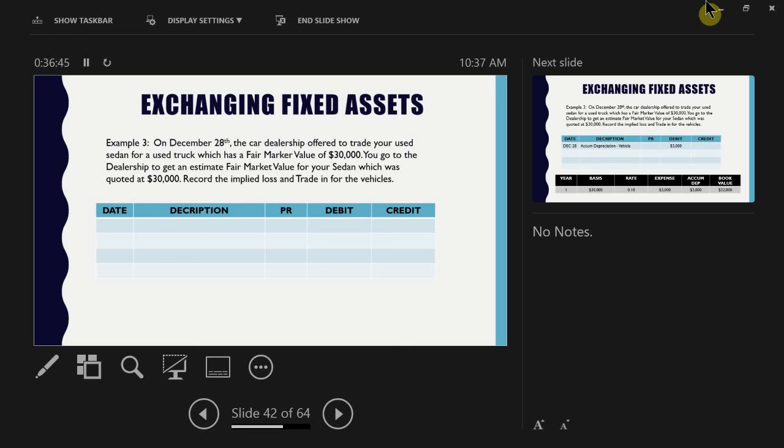Now, of course, you go to the dealership to get an estimate of the fair market value of your sedan. This is where your fair market value is going to come into play because, again, when you're trading in a car for a car or a fixed asset for anything, you have to get it appraised. You have to get it professionally looked at so they can give you a quote on what your actual car is worth. Because on your books, just because you depreciate it one way, not everybody's going to be depreciating the same way.